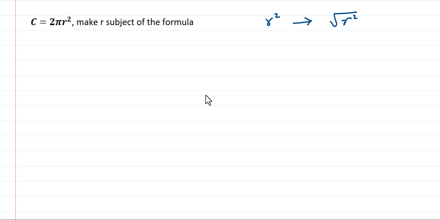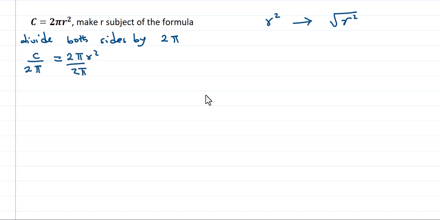Okay? So doing that here, the first step is to make R squared standalone before we start making R standalone. So to do that, we divide both sides by the coefficient of R squared, which is 2 pi. So we have C over 2 pi is equal to 2 pi R squared over 2 pi. So this cancels out, and then C over 2 pi is equal to R squared.